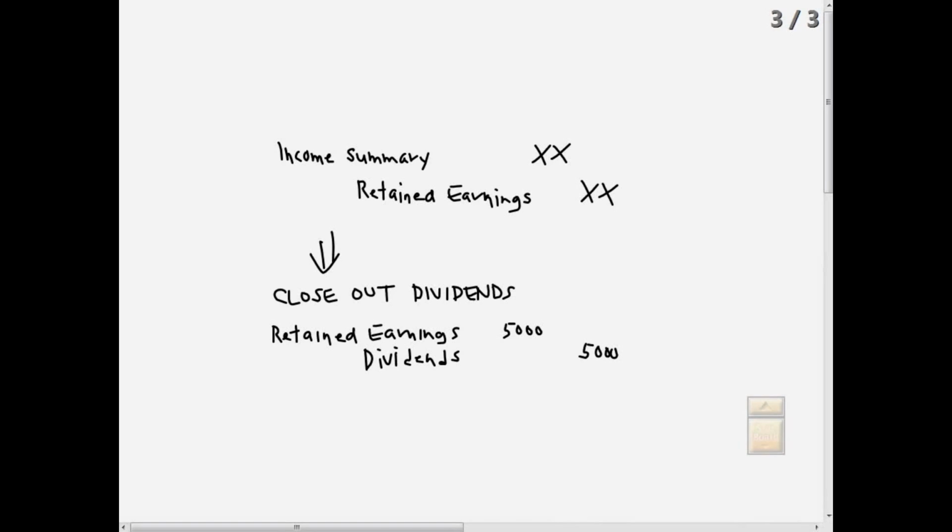It's telling you, here's how much the company has earned and kept within the firm. If I give some of the money back, have I kept it? No, so I have to reflect the fact that what I keep in the firm is actually going down. What happens when an owner's equity account goes down? Do we debit it or do we credit it? Okay, so to reflect the fact that retained earnings is going down, we debit it.